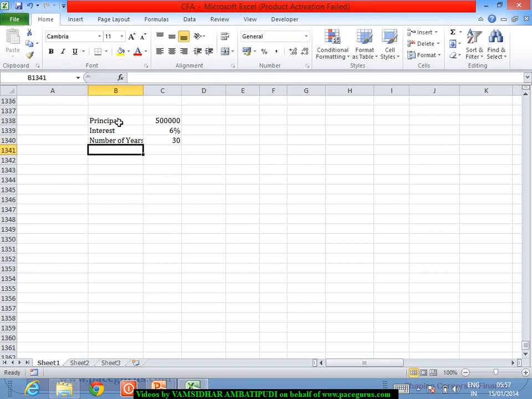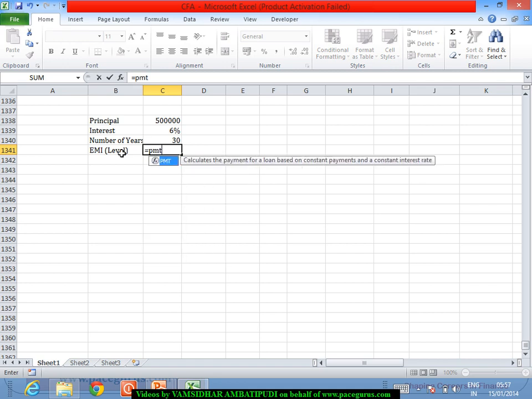Now if I want to find out the EMI, the equal monthly installment, because we are talking about a fixed rate level payment, that level payment is what I call the equal monthly installment. So I can use the PMT function, which can give me that. The only thing now is, instead of taking an interest rate of 6% per year, I take it as 6% by 12, which is 0.5% per month.